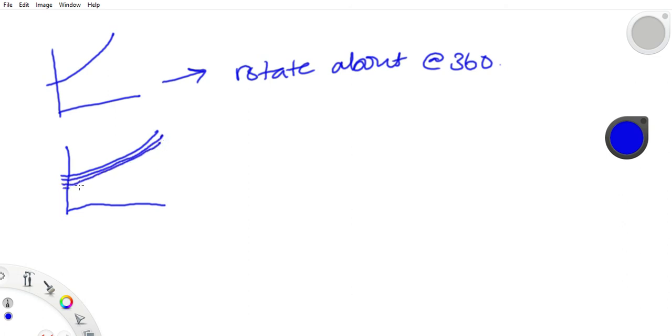Eventually one of them is going to be pretty much straight from this point of view, and then it's going to start to curve again the other way around.